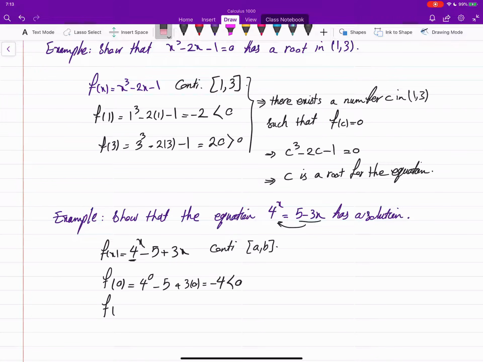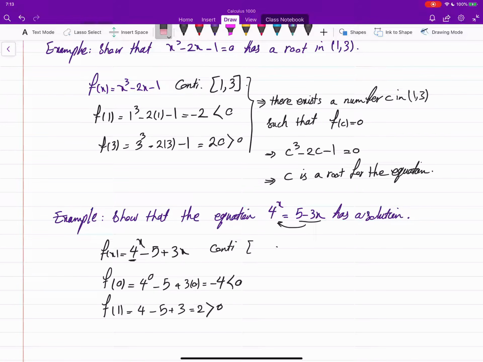How about 1? So if I plug in 1, this is 4 minus 5 plus 3, which is 2. This is positive.